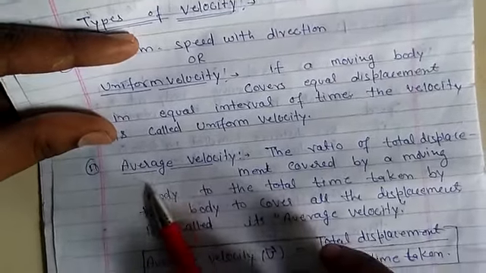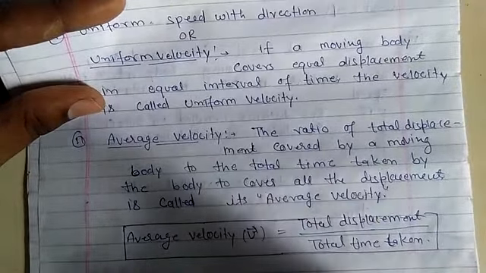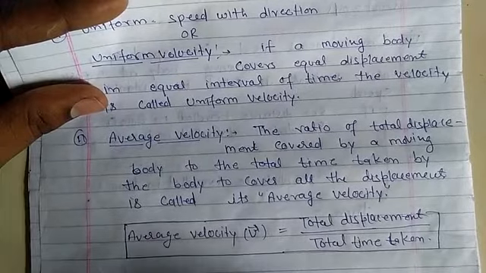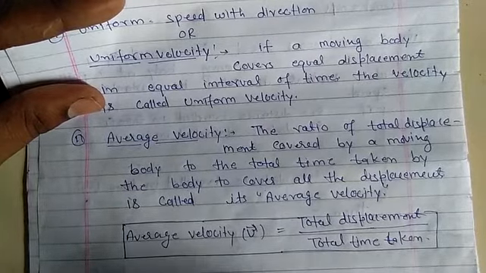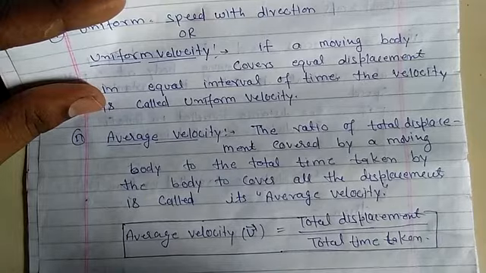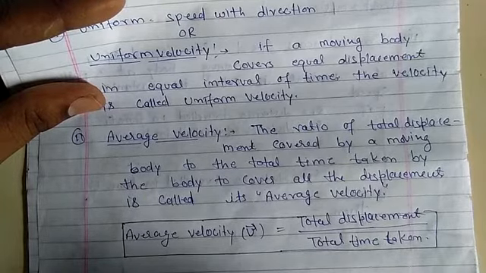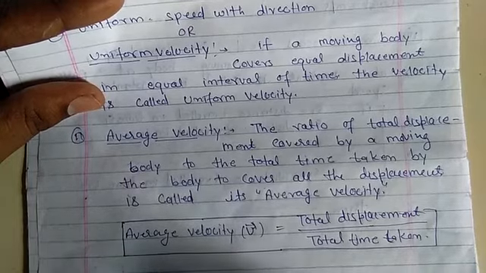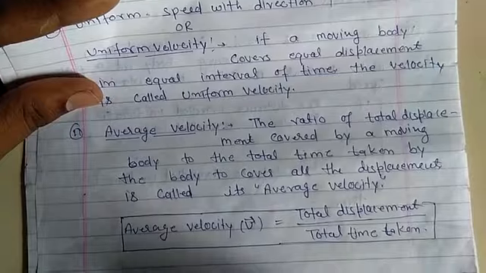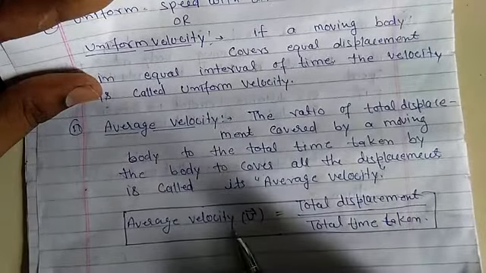And in reference to average velocity, it is the ratio of the total displacement covered by the moving body to the total time taken. It means if any moving body travels different displacements in different intervals of time, then you divide the total displacement by the total time taken, and that quantity is known as average velocity.